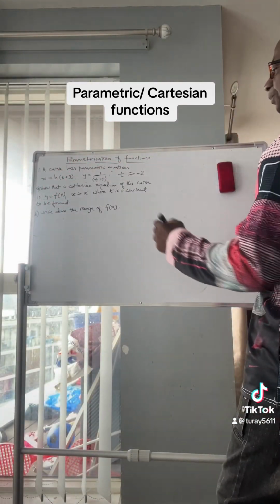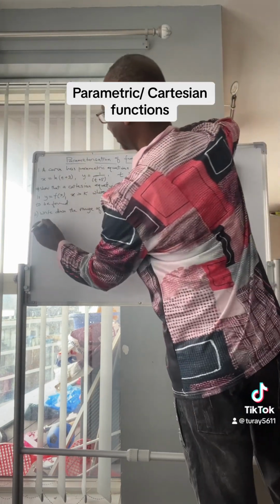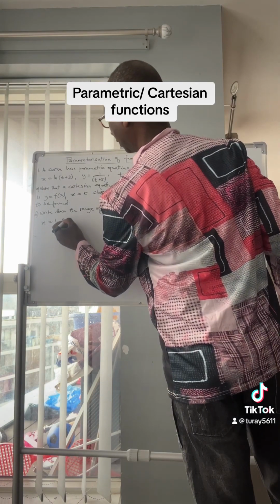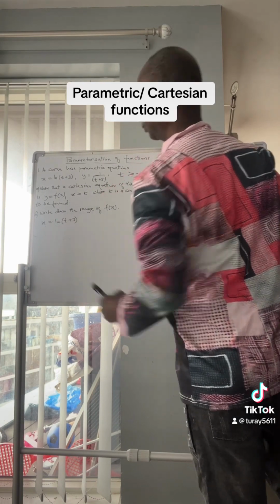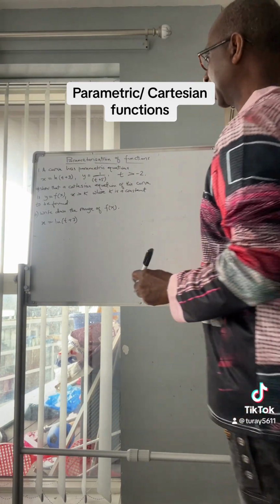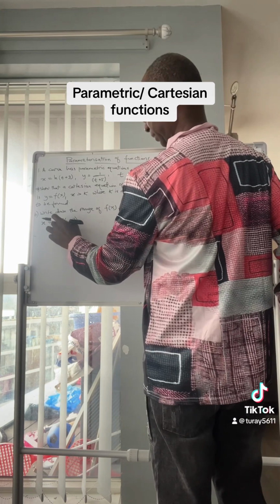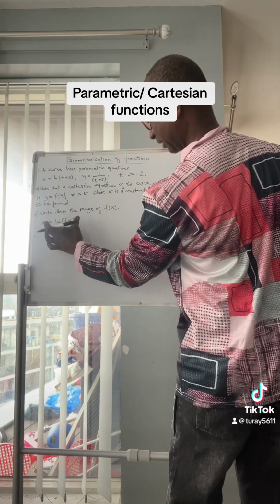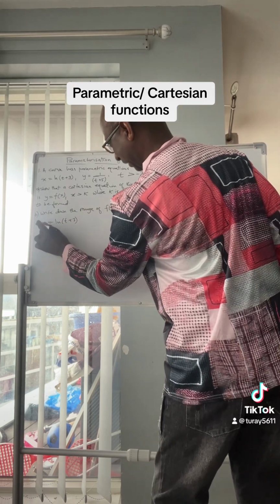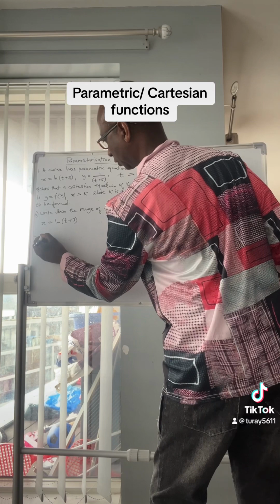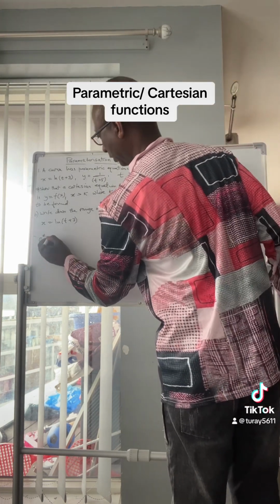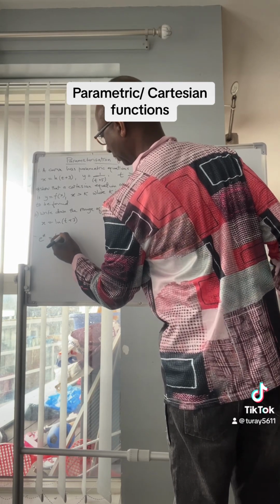So let's do that. You have x equals the ln of t plus 3. Ln means natural logarithm. What this means mathematically is that e is raised to the power of x, which equals t plus 3.